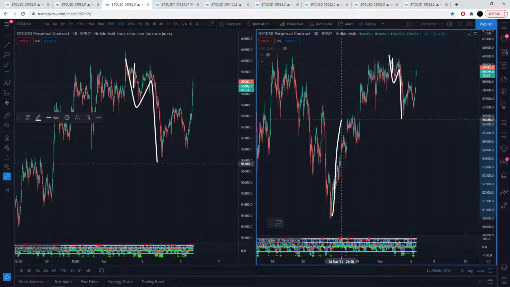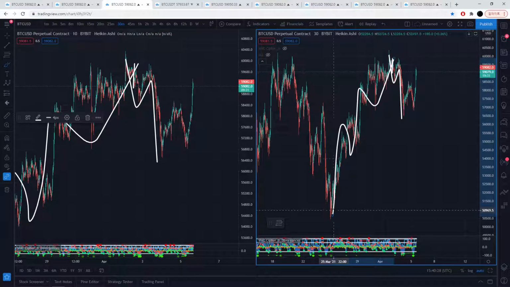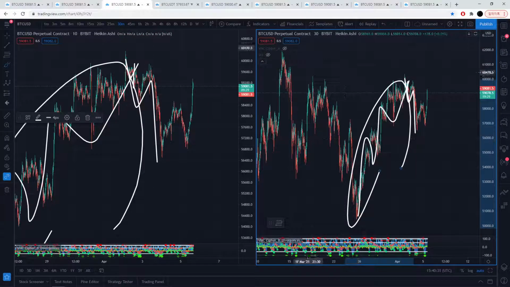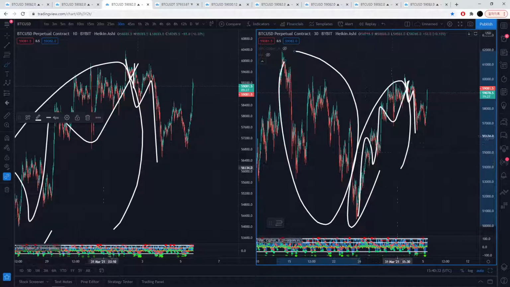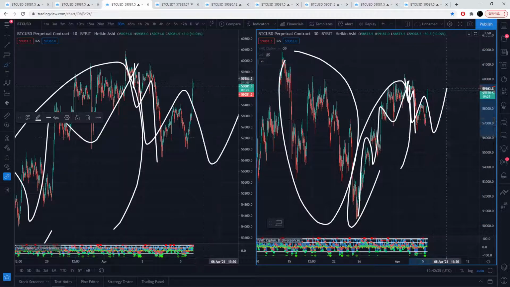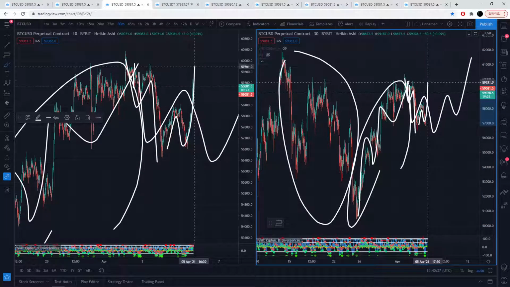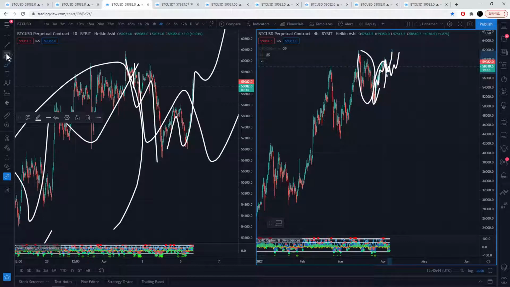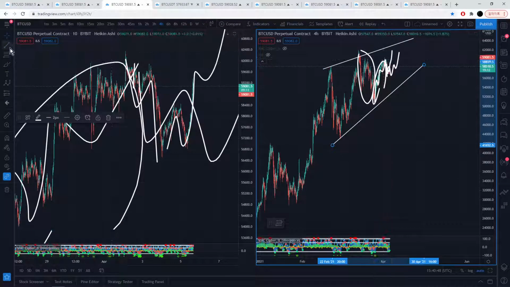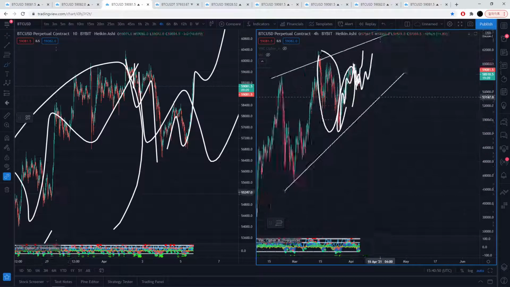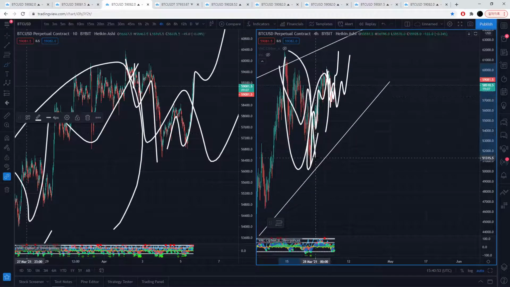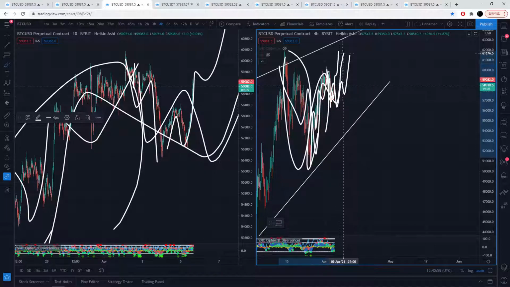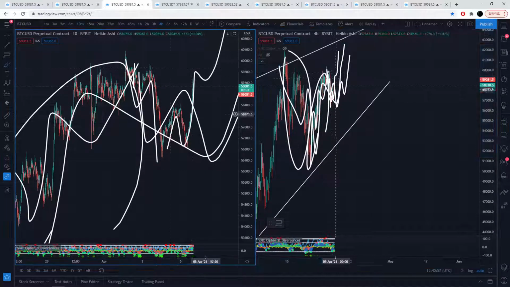I also commented that if this was a B, if you thought that was an A, just a correction for the previous wave, and now we're having a B and going up to complete the final wave upward, then what you can expect is this. That was A, B, C, A, B, and now C going up. So you would have to start counting.